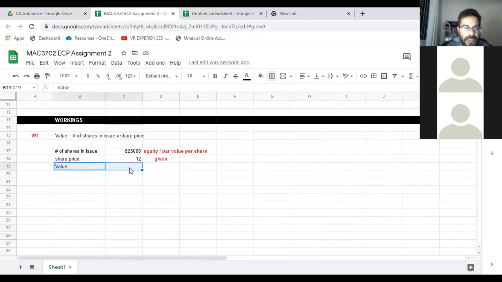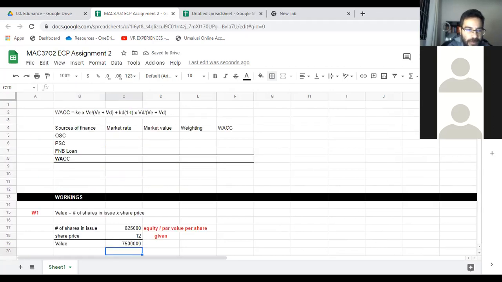So the formula is equal to number of shares in issue times share price. So that is my market value. Okay, so my market value is that over there.